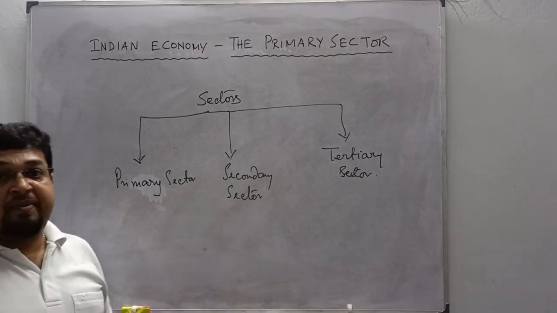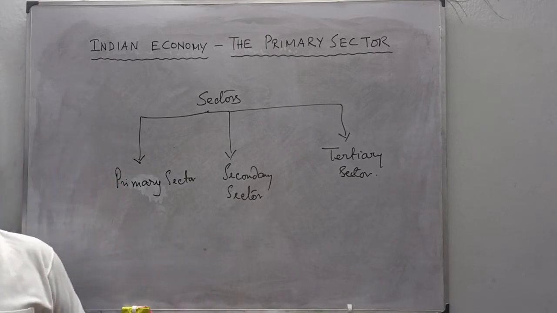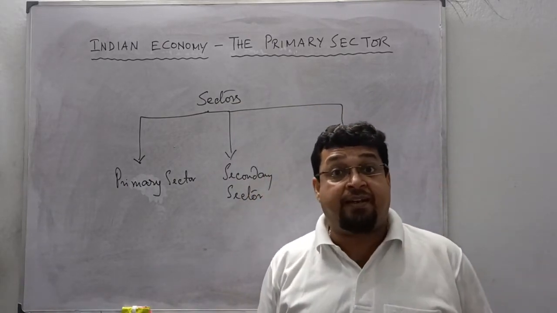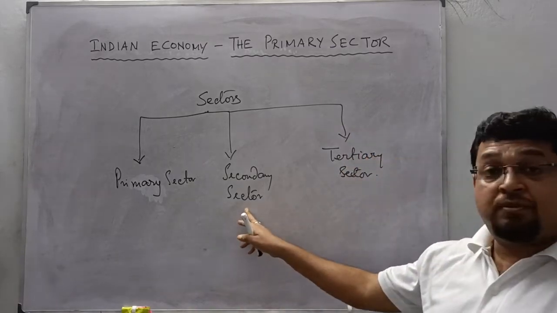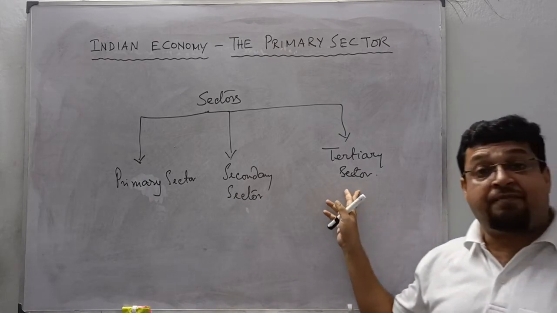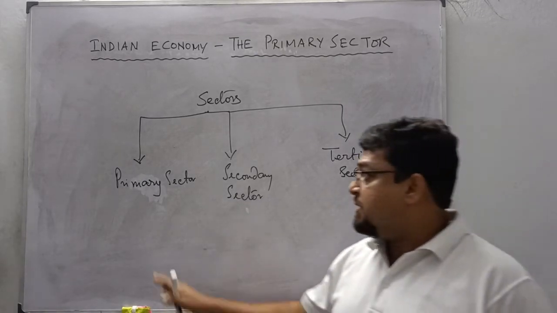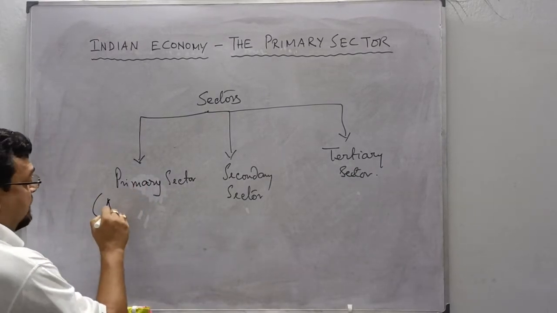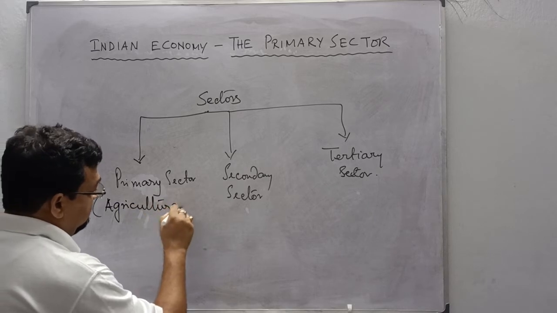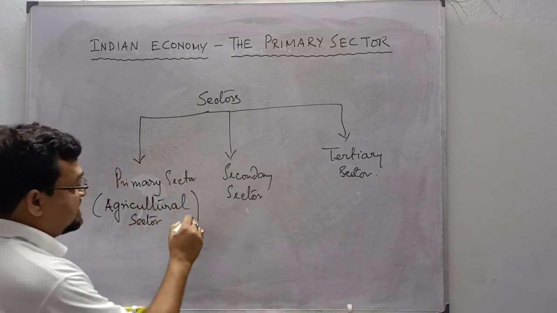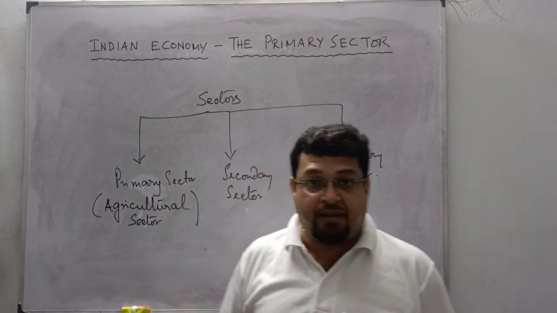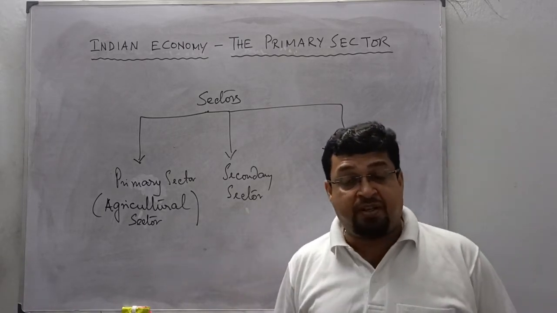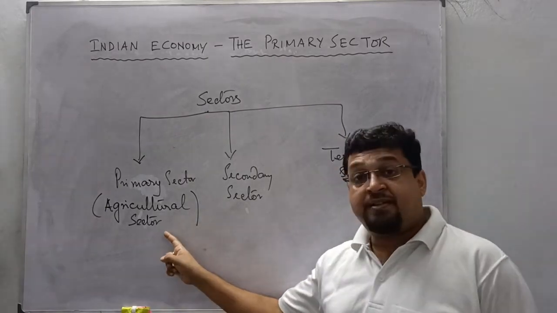Now, what do these three sectors basically comprise? The primary sector refers to agriculture and allied activities. The secondary sector refers to industrial activities, and the tertiary sector refers to the service sector. When we are discussing the primary sector, that is the agricultural sector, in the subject economics we don't restrict ourselves to the study of agriculture only.